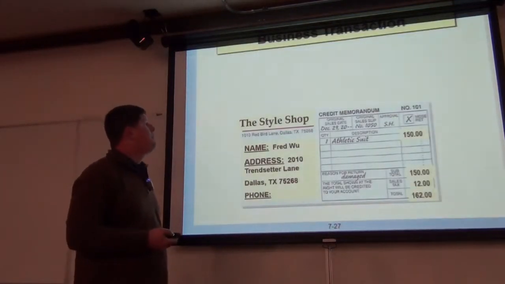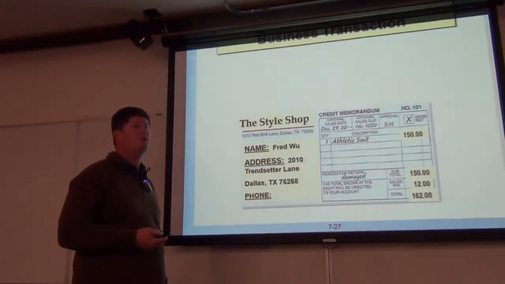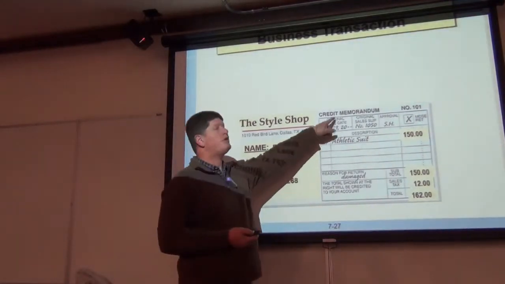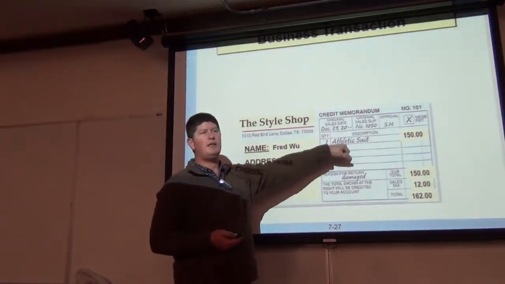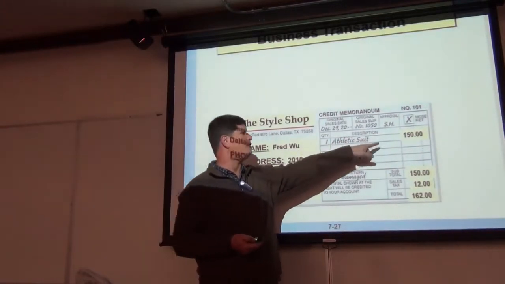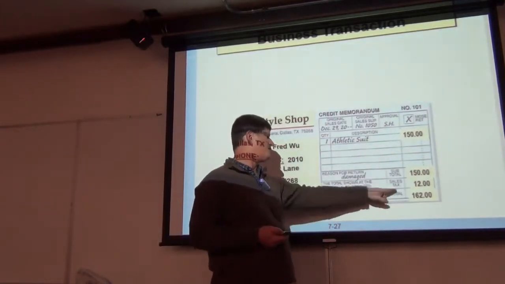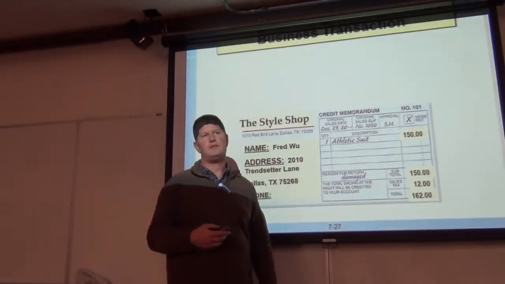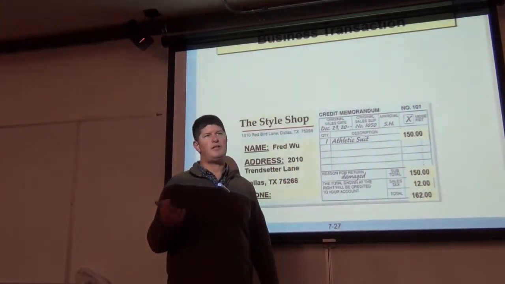Okay. All right. Here's our second favorite customer, Fred Wu, and his address. And this is a credit memo. So he bought something. He bought an athletic suit that he paid $150 for, and there was some sales tax along with that. And he brought it back because it was the wrong color, it didn't fit, it was damaged, whatever.